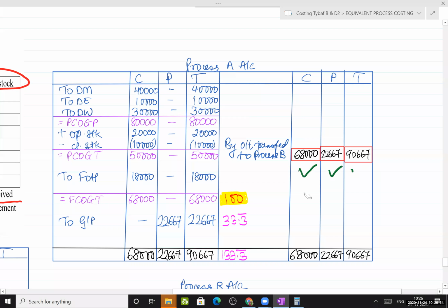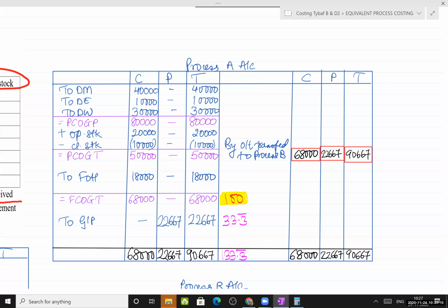Output transferred to process B. And when you make B का ledger, वहाँ पे what you will write? To transfer from process A. Output of the first process becomes the input for the next process. I hope you remember that logic.